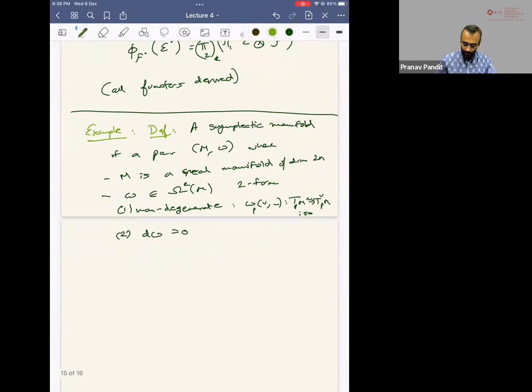And if you have a symplectic manifold, you can talk about Lagrangian submanifolds. So let me say example.